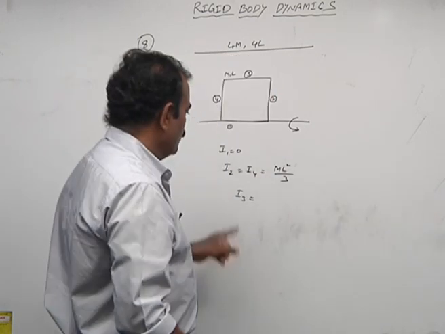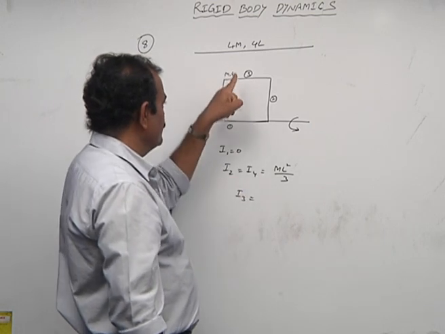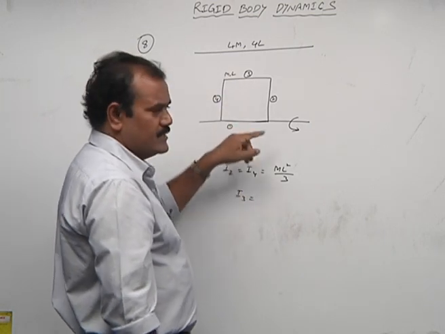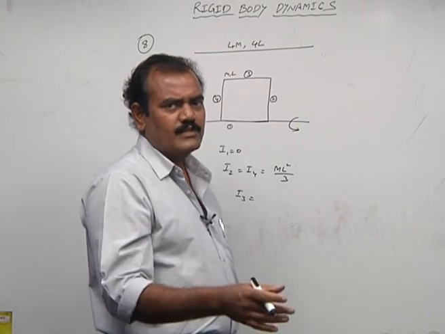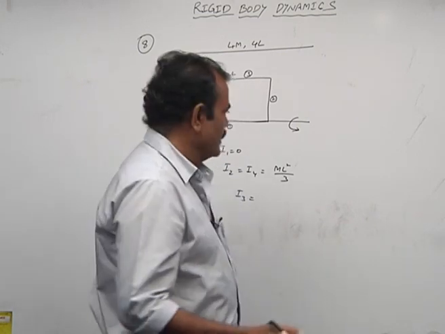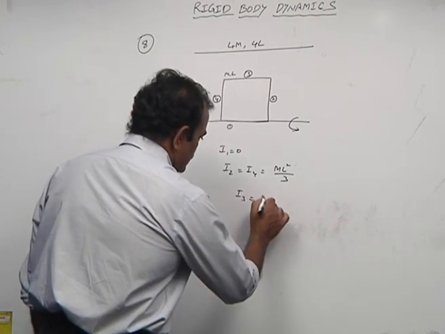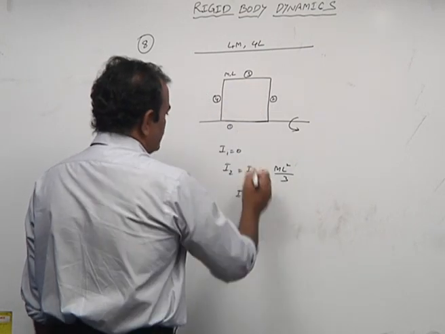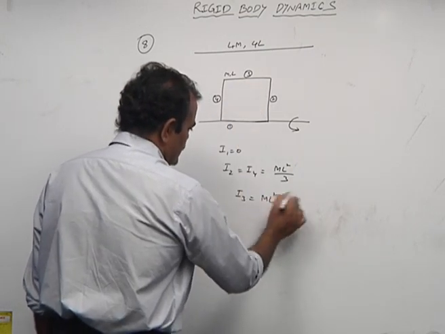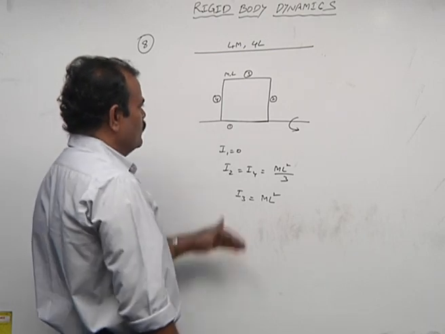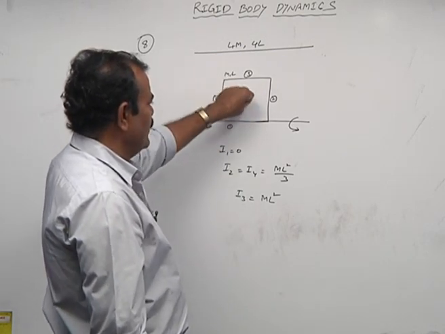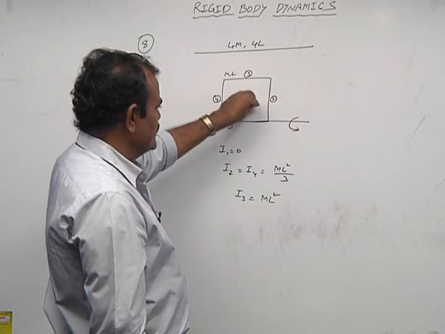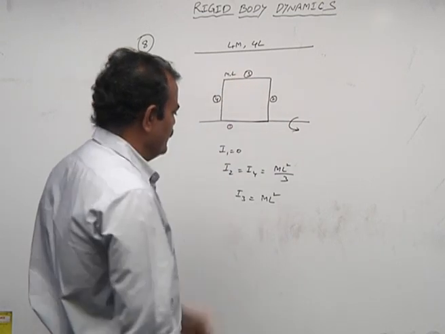So to find out the moment of inertia of this one about this axis, you just have to apply the simple general formula, which is mass into distance square only. That mass is m and that distance is nothing but L, as it is a square, so ml square is here. Now what is the moment of inertia of this entire square frame about this given axis?